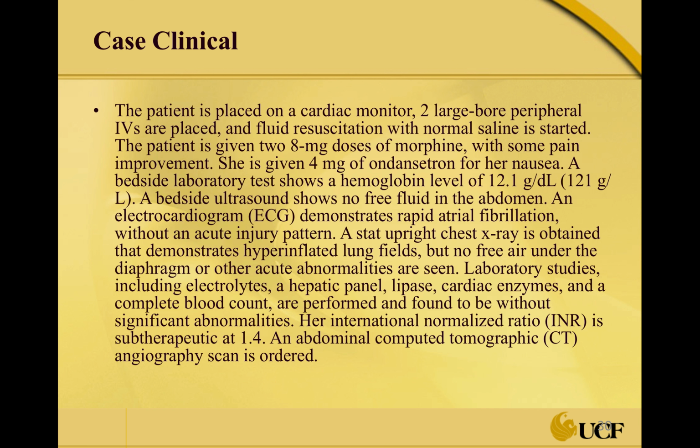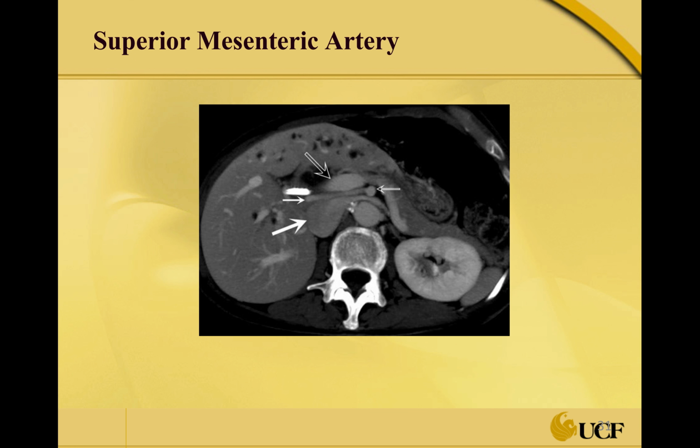Lab studies including electrolytes, hepatic panel, lipase, cardiac enzymes, and a complete blood count are performed and found to be without significant abnormalities. Her international normalized ratio, INR, is subtherapeutic at 1.4. An abdominal computed tomography, CT, angiography scan is ordered.